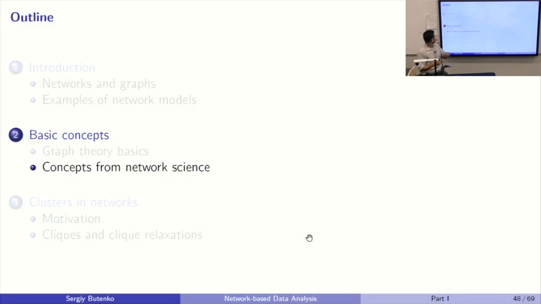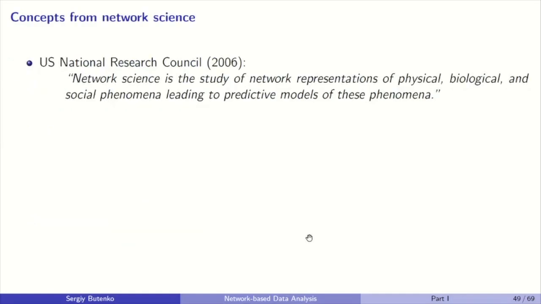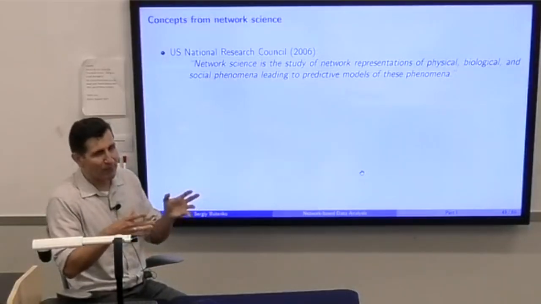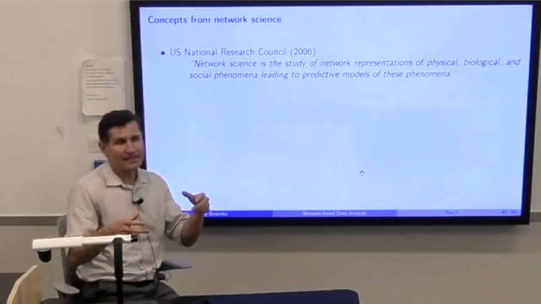The next few concepts that we're going to mention have to do with network science. So what is network science? This is a definition of the National Research Council. This is a relatively new field, and I would say sometimes it feels like many of the things that are discussed in the so-called network science is like reinventing the wheel.